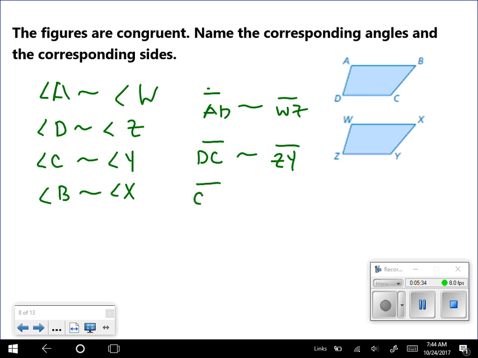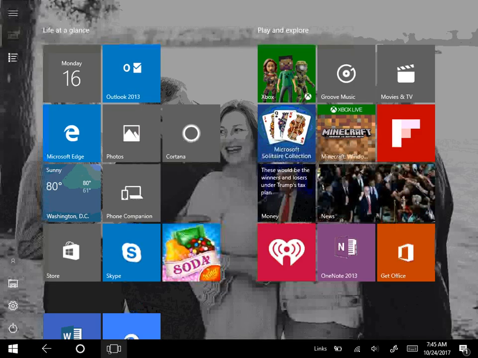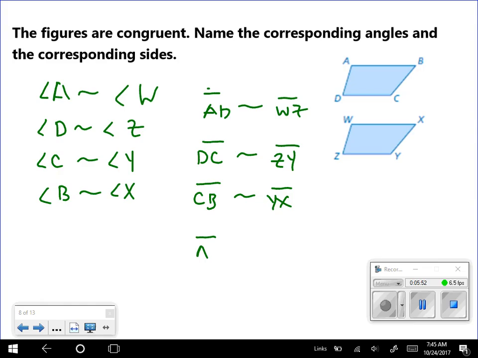And side length CB should correspond with side length YX. If you did BC, then you could say XY, but you gotta stay consistent. And then side length AB, notice I did AB instead of BA, corresponds with WX.